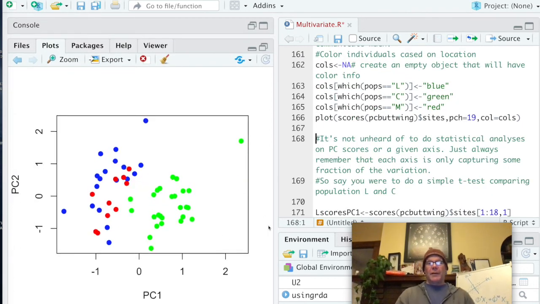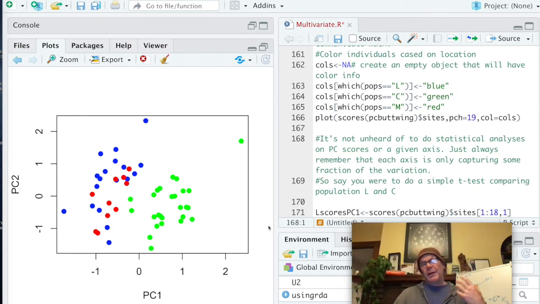Now we can see why PCA can be a useful way to look at the variation in your data, right? We started with a big matrix that had a bunch of columns and a bunch of numbers, and we wanted to understand, in a general sense, how are the butterfly wing patterns different among those populations?